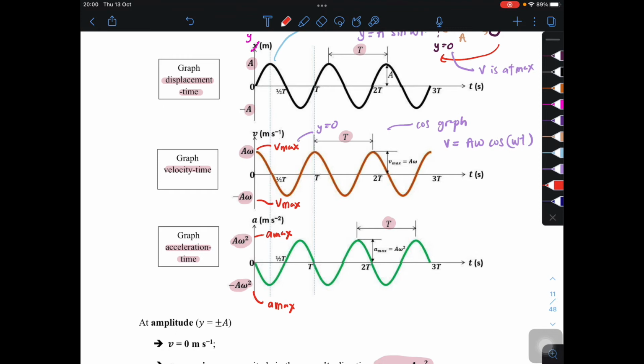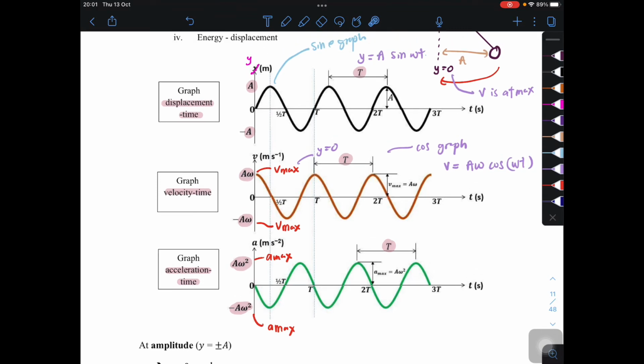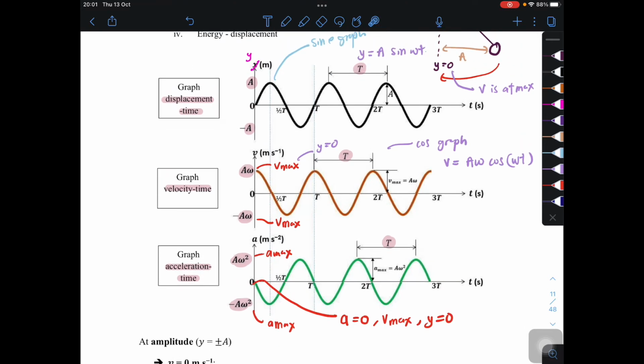Okay, so kalau tengok dekat first point here, a adalah sama dengan kosong apabila v sama dengan maksimum, which is apabila y sama dengan kosong. This one kamu kena ingat lah.